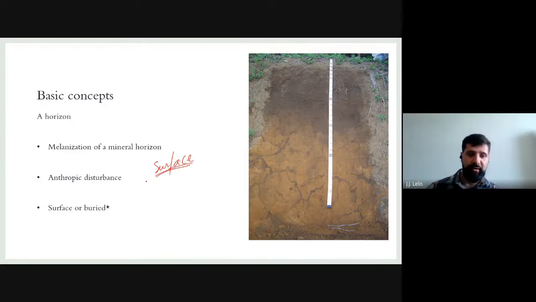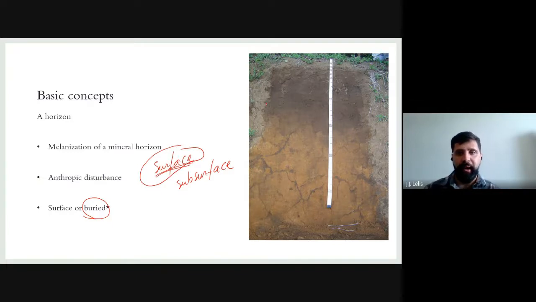You can identify it at the surface and sometimes in the subsurface. Sometimes it could be buried, but it is always formed on the surface. It is always formed only by the decomposition of organic matter. Organic matter that illuviates, that moves across our horizons, doesn't form an A horizon, it forms another thing. Okay?